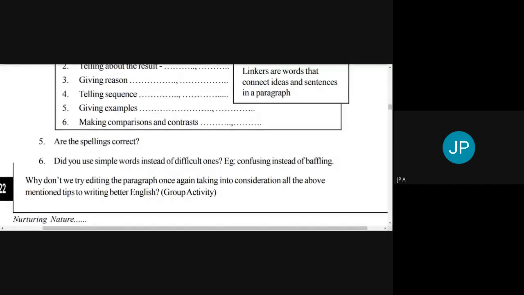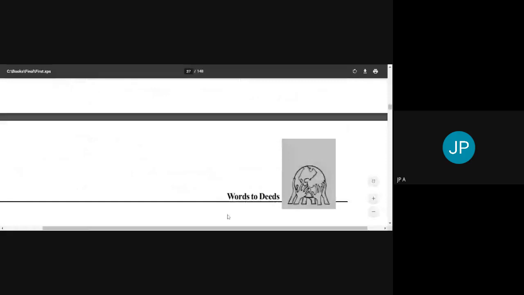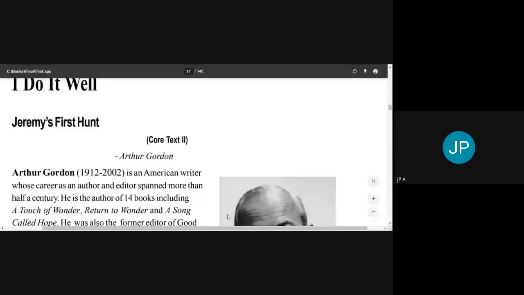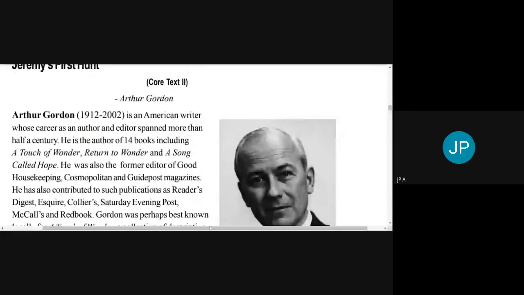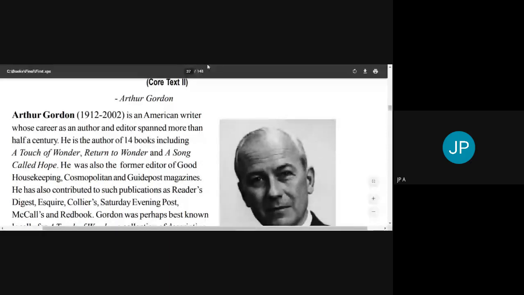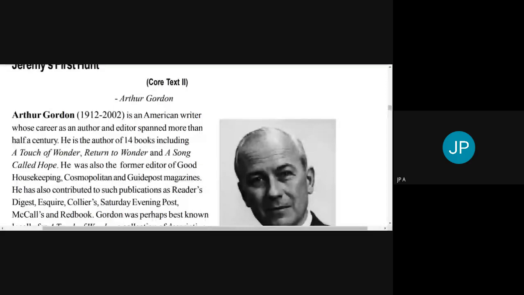Now we move on to the next topic, which is the next core text in the first module. It is titled Jeremy's First Hunt by a writer called Arthur Gordon. It is a story.